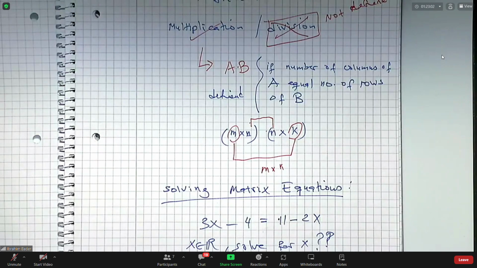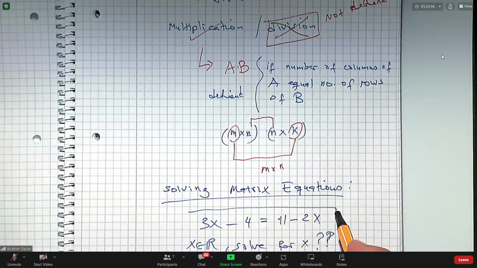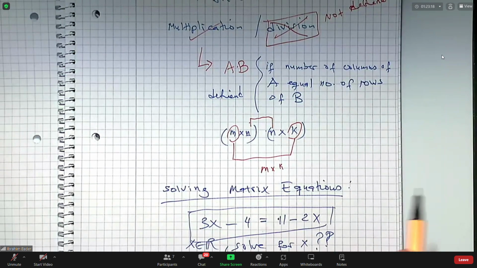What would you say here? How would you solve this? What are the steps here to solve this simple equation? Isolate x. Okay.